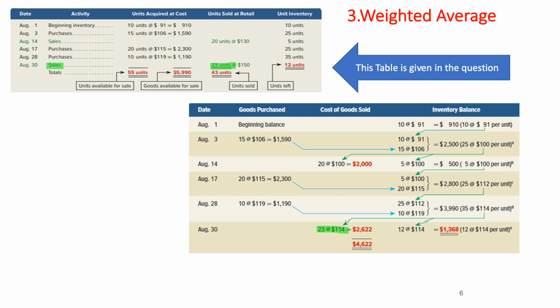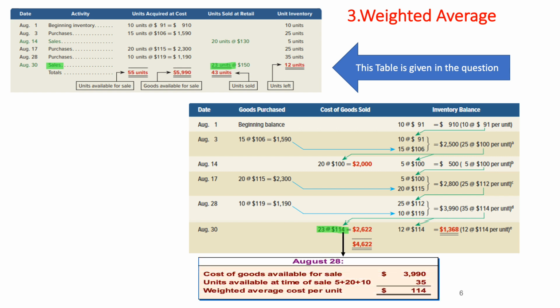So how am I going to calculate the weighted average cost? I'm going to take the cost of goods available for sale, which is the inventory balance on the 28th of August. The inventory balance on the 28th of August is 3,990. Then I'm going to divide it over the units available at time of sale.